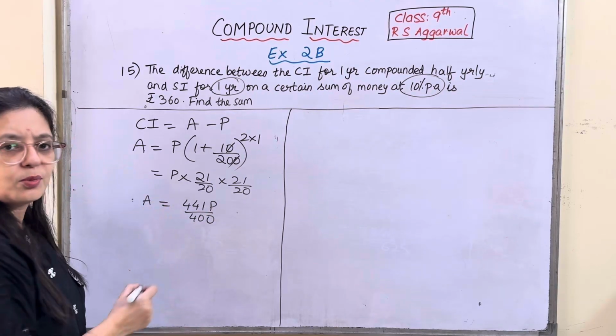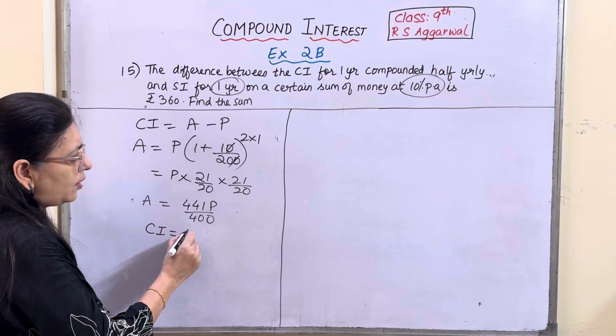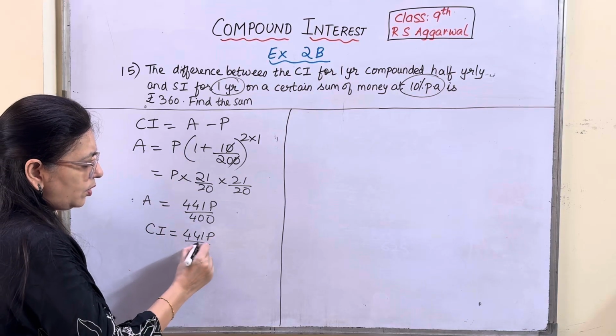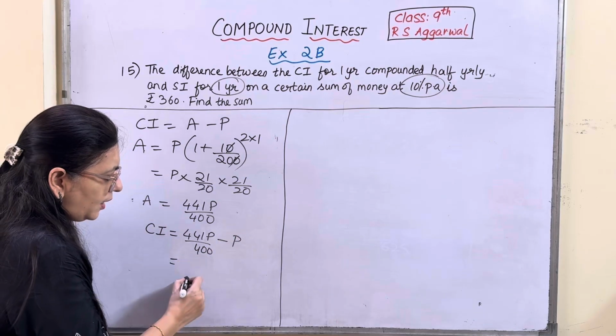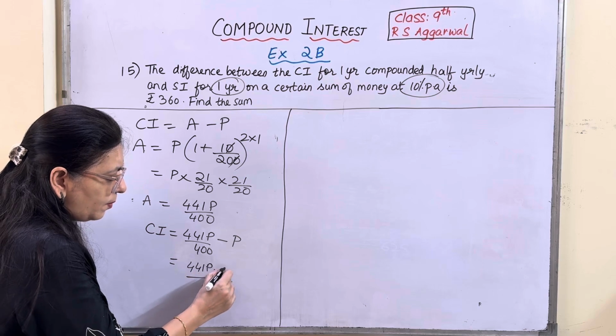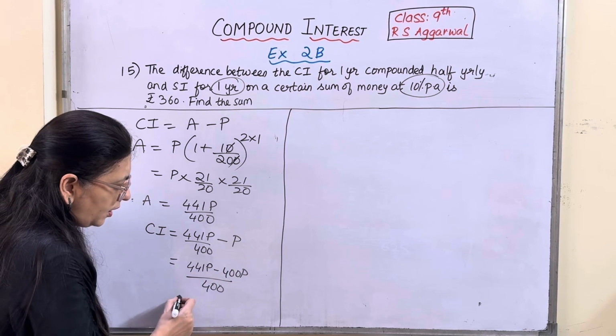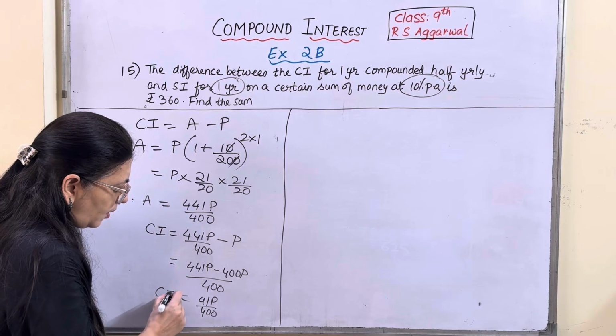This is the amount. Let's find the compound interest. So compound interest is amount minus principal. Take the LCM 400. So it is 441p minus 400p. It is 41p upon 400. This is the compound interest.